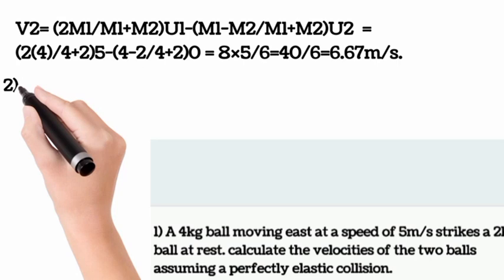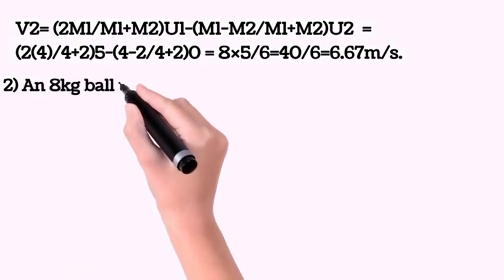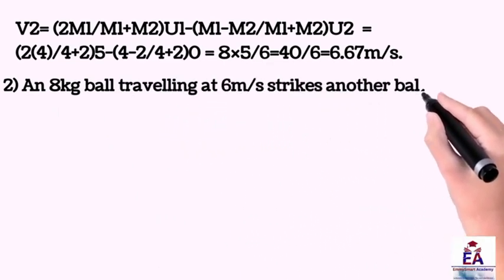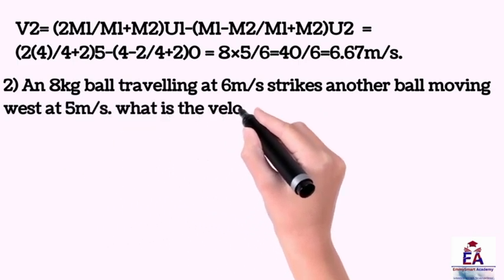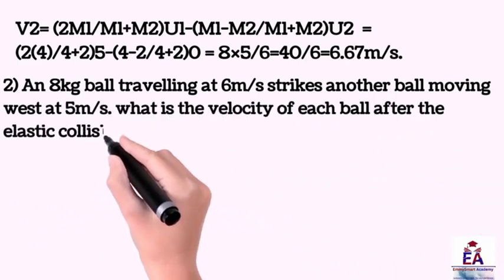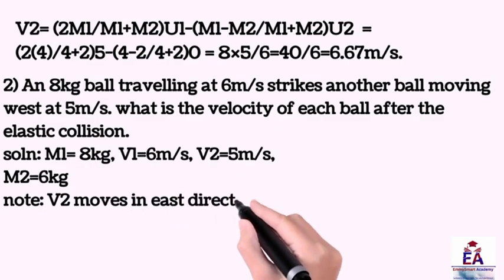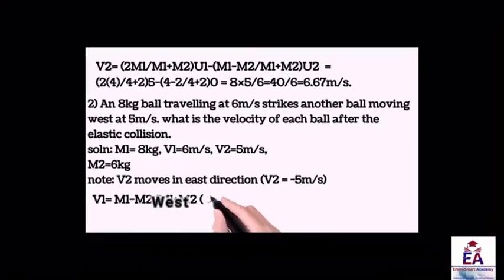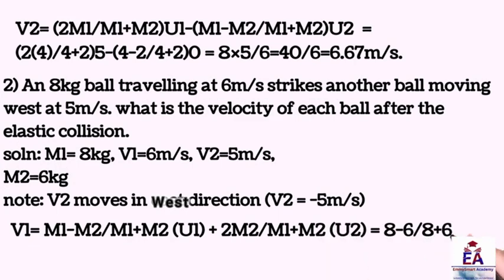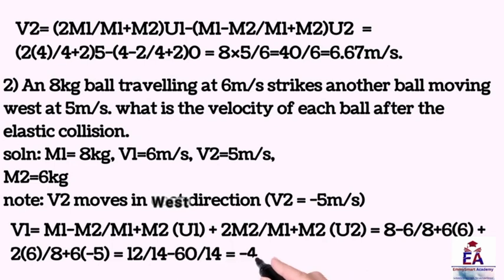Look at the second problem. An 8 kg ball traveling at 6 meter per second strikes another ball moving west at 5 meter per second. Remember, if it's moving west, it simply means negative. Western direction means it's going to be negative. So we are looking for V1, the final velocity of the first ball, the 8 kg ball, and the final velocity of the other ball, the second ball that was at rest.